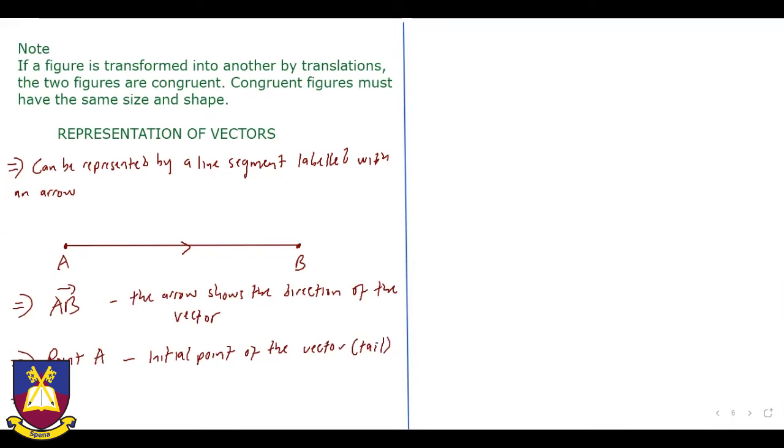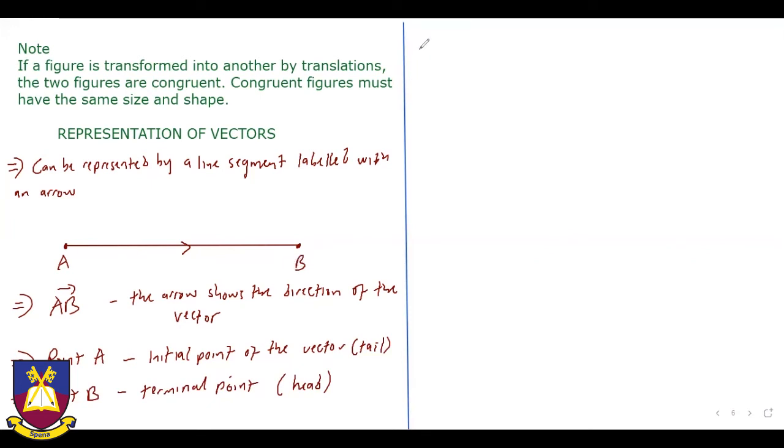Then point B will be known as the final point, terminal point, sometimes called the head of the vector. So this vector AB has A as the tail and B as the head.